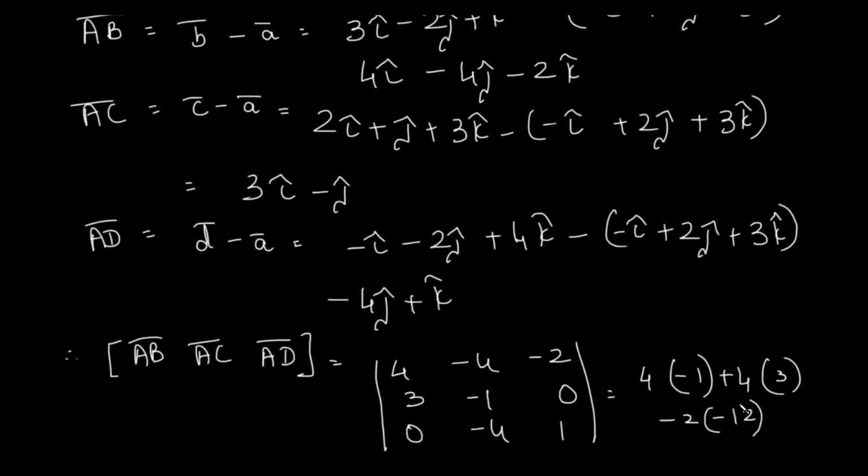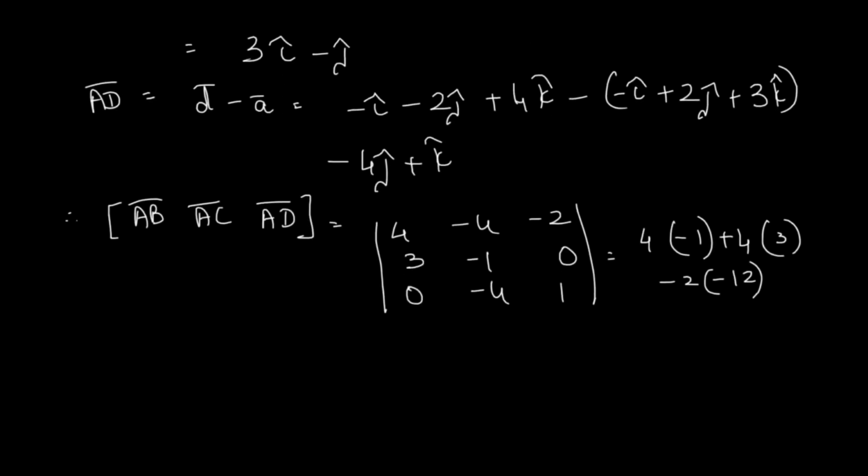Therefore we are going to get minus 4 plus 12 and plus 24, which comes out as actually 32, because 12 minus 4 is 8, and 24 plus 8 gives us 32. So 32 comes out as the box product of these three vectors. But this is not the required volume.